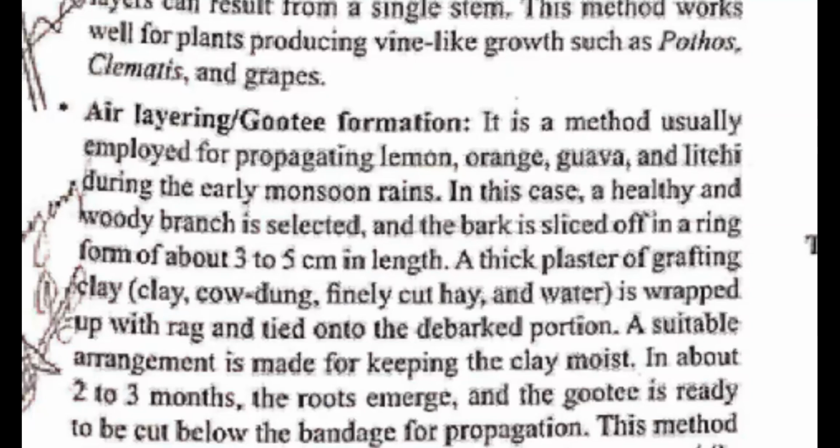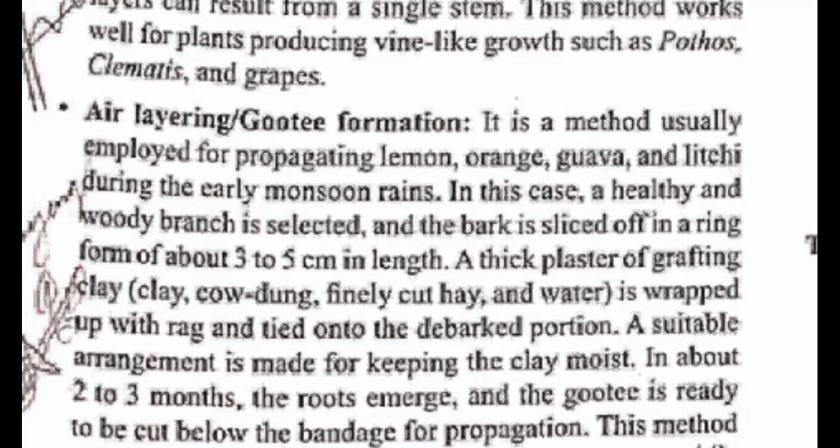About 3 to 5 inches of the outer layer is completely removed and clay or cow dung or something else is added. You place it there and cover it with polythene paper, and you make small holes. In 2 to 3 months, what will happen? The roots originate. After the root origination, just remove the branch from the parent plant and grow it in favorable conditions.